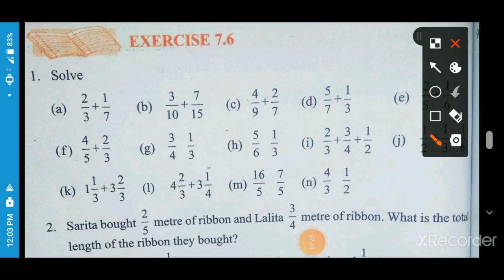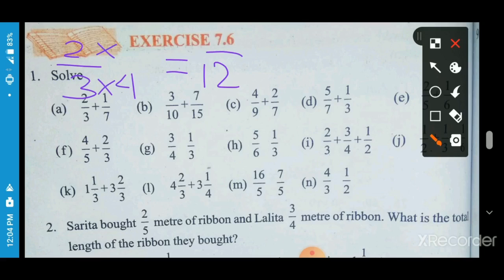Now the first fraction is 2 by 3 and in the denominator we need 12. So we multiply 3 by 4. 3 4s are 12 and 2 4s are 8. So it is 8 upon 12. Now the next fraction is 3 by 4.